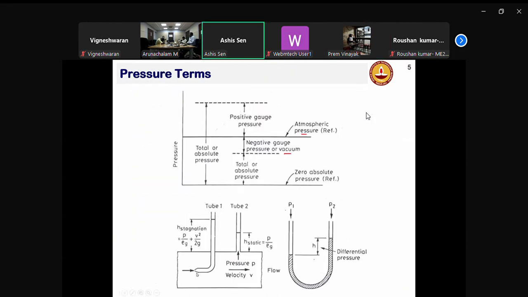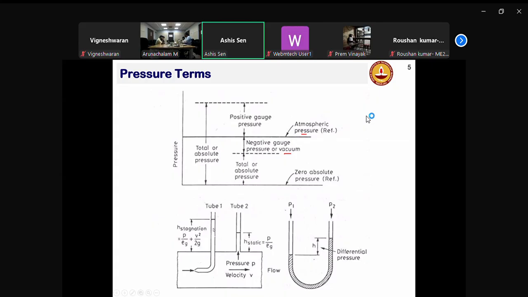Basically, this pitot static tube, as I said, measures the stagnation pressure. You have the fluid which is flowing, and typically the fluid becomes stationary right at the tip of this tube, converting all the kinetic energy into pressure energy.